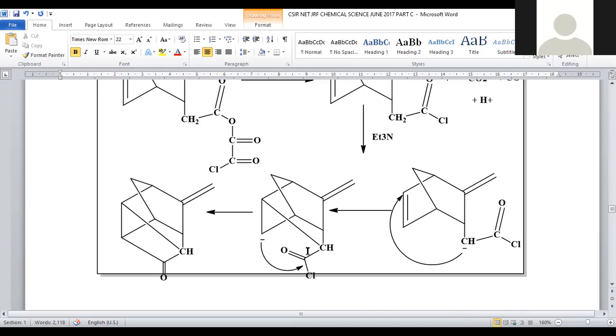Whenever it bonds to the carbonylic center, subsequent release of the chloro group is possible, so that we get a condensed product. Such a compound is generated where we got a new carbon-carbon single bond by this carbanion attachment to the carbonyl. This will be the final product.